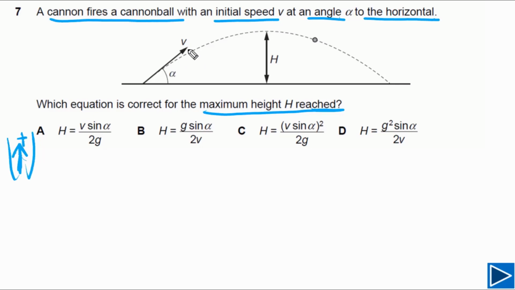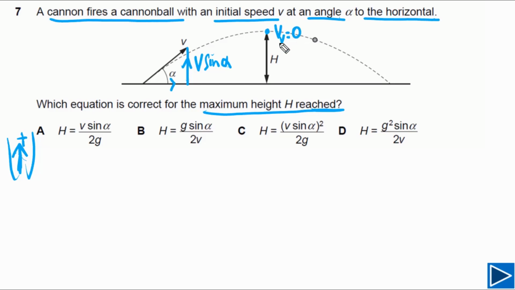Now, if we look at the initial speed, we can resolve it into two components. This is the horizontal component and this is the vertical component. The vertical component is simply equal to v sine alpha. And the second thing we need to understand, at the peak, v vertical, meaning v final in the vertical direction, will be equal to 0.